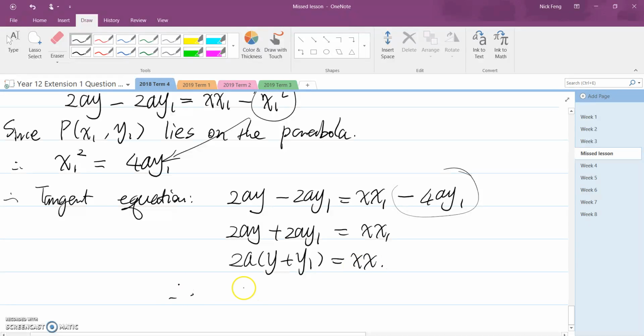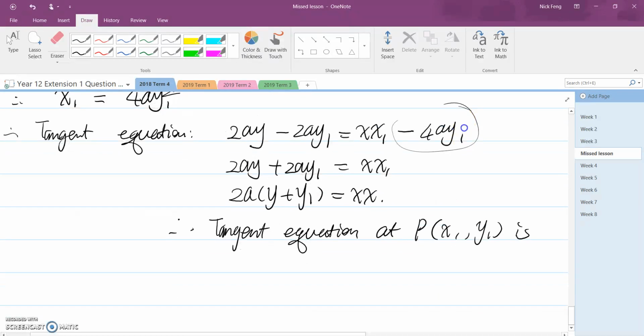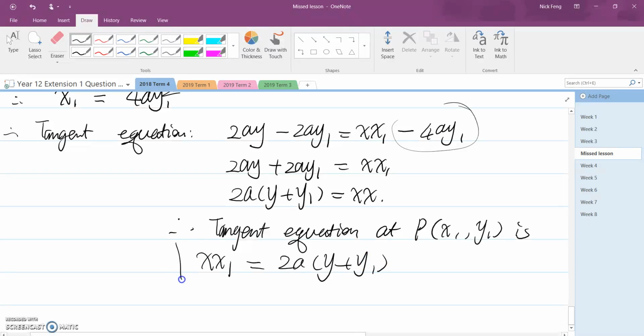Therefore, the tangent equation at P is xx1 equals 2a brackets y plus y1, where again, point P is a point on the parabola.